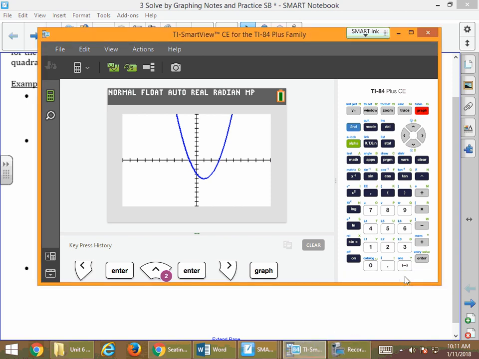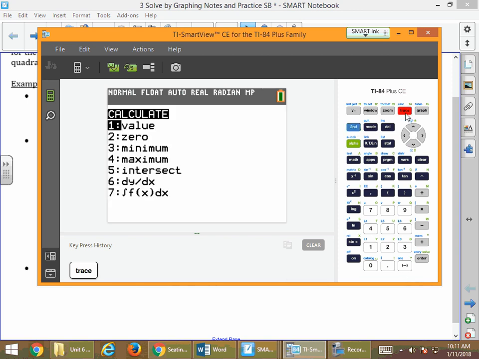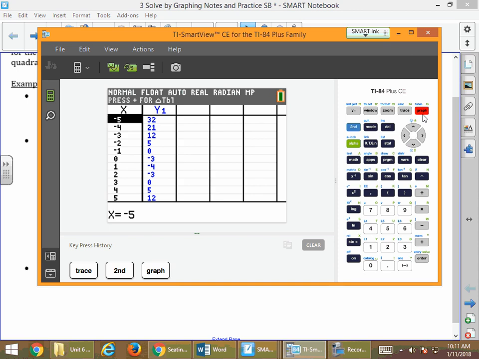So now that we see this, what we want to do is fill in the table. We've seen the picture, we know what it's supposed to look like. We're going to go to second and trace. And how about I try this again? Second and graph to get us to our table here.